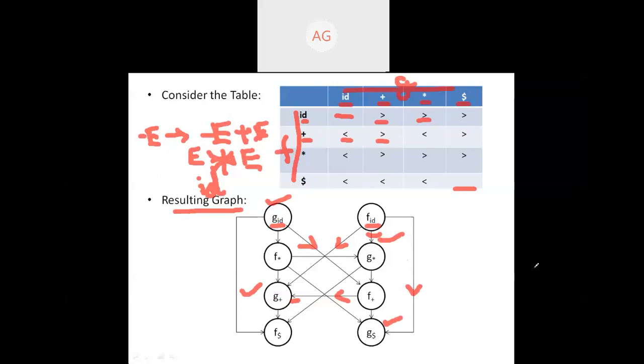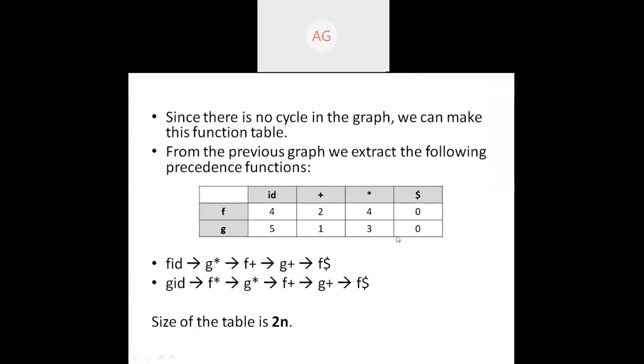So moving to the next slide. According to step number 4 of the algorithm, if there is a cycle, then it means there is no precedence function.